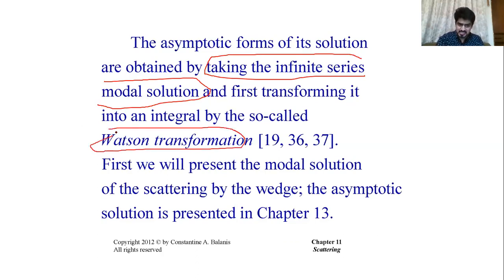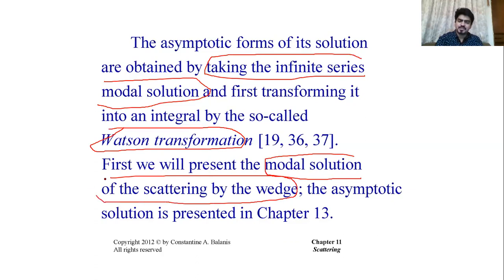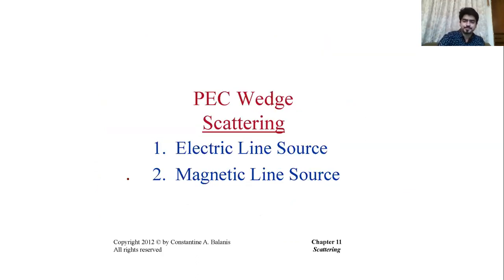Okay, so in this lecture we will first present the modal solution of the scattering by the wedge. And after that, in chapter 13, we consider the asymptotic solution. Basically we use Watson transformation and all those things to have the solution in terms of an integral.